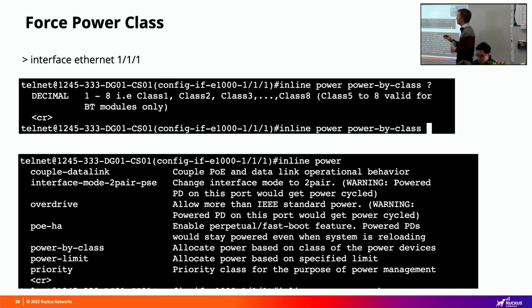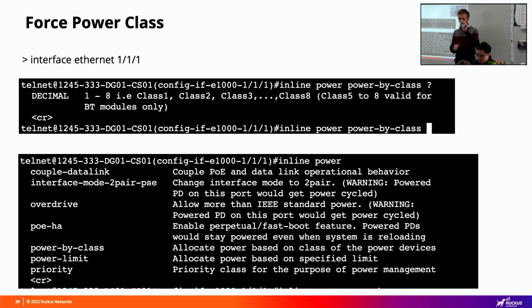This will allow you to power more access points from a single switch. So even though that switch has only got, say, 12 ports at 30 watts, you could have 24 ports at 15 watts. You can actually double the number of access points you're powering by manually forcing that port to a 15-watt operation.